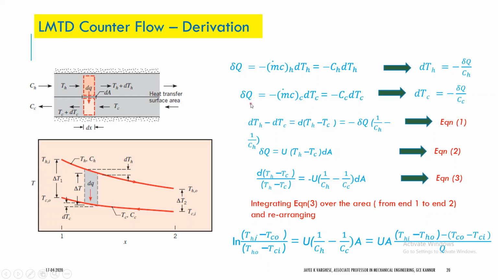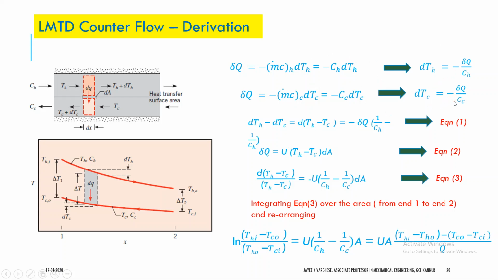So delta q is equal to minus m dot c cc into dtc, which is equal to minus cc dtc, or dtc is equal to negative delta q divided by cc. Here, while deriving this, you should take care to incorporate this negative sign for the cold fluid, because its flow direction is in the negative direction. So that's why we needed to use a negative sign here also.